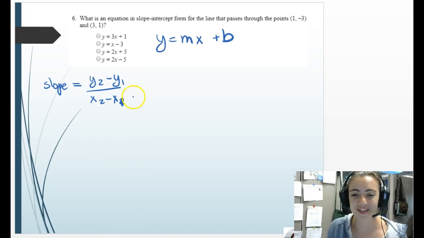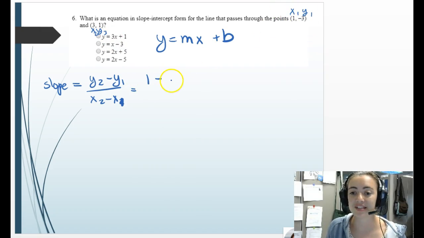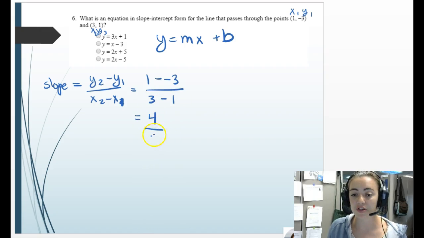So we have x1, y1, first point, x2, y2, second point. So y2 is 1 minus y1, which is negative 3, divided by x2, which is 3 minus x1, which is 1. When we solve that, we have 1 minus negative 3, which is 4, divided by 3 minus 1, which is 2. 4 divided by 2 is 2. So the slope we know is 2.